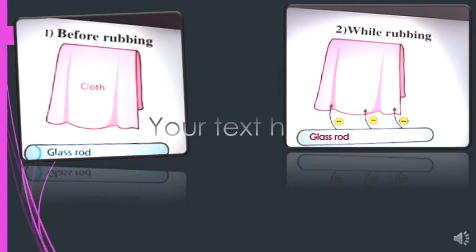Now guys, we can see a cloth here, and here we can see a glass rod. Before rubbing, positively and negatively charged particles are scattered uniformly. Therefore, objects don't show any net charge. Now while rubbing, negatively charged particles move from one object and gather on the surface of the other.